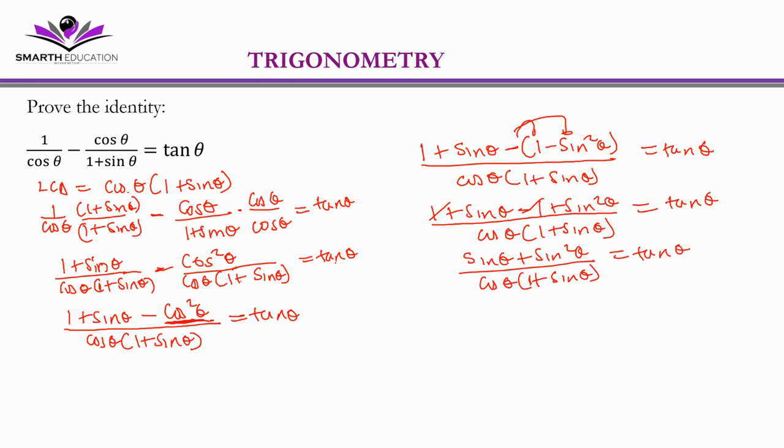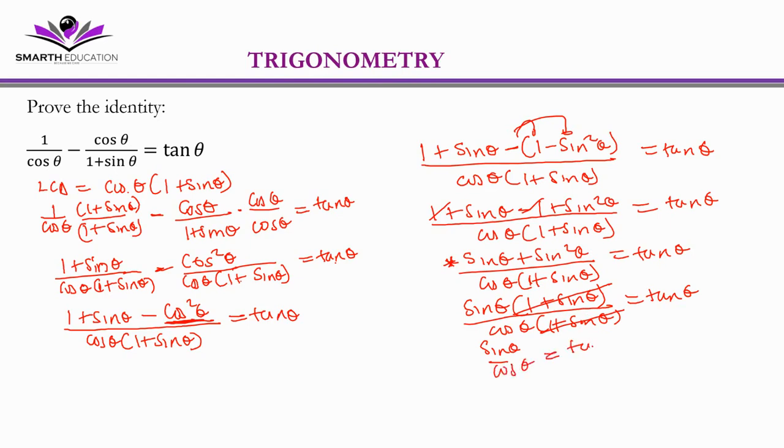Then we factor out sine theta here, so sine theta outside, and inside the bracket we get 1 plus sine theta over cos theta times 1 plus sine theta, is equal to tan theta. 1 plus sine theta divided by 1 plus sine theta is 1, so we remain with sine theta over cos theta is equal to tan theta.